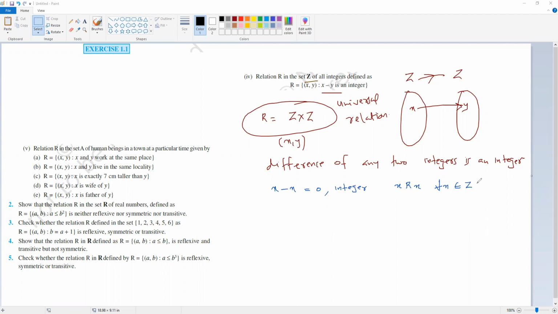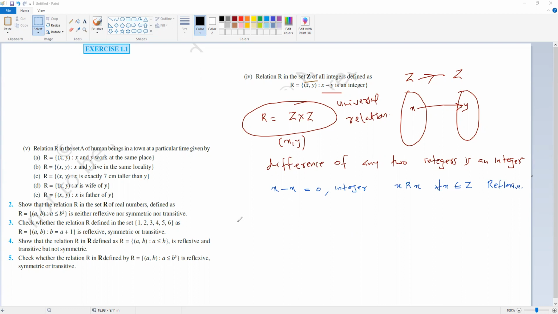Because any integer minus that integer is 0, and 0 is an integer. So that belongs to your relation. 1 1 आएगा, 2 2 आएगा, 3 3 आएगा, 4 4 आएगा, -1 आएगा, 0 0 आएगा, सब कुछ आएगा, क्योंकि any integer minus that integer itself is 0, कोई भी इंटीजर के लिए, and 0 is an integer, so it is रिफ्लेक्सिव.